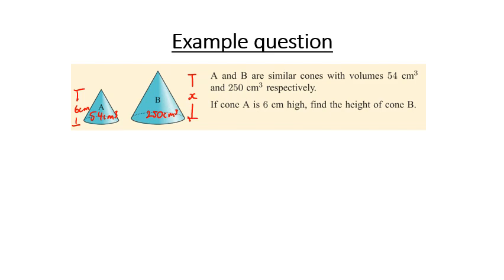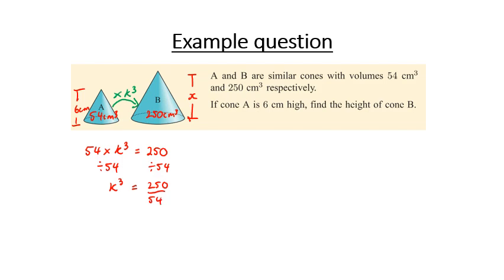Now, we know that 54 times k cubed, because we're looking at volume, must equal 250. So 54 times k cubed must equal 250. I'm going to divide by 54 on both sides. K cubed equals 250 divided by 54.